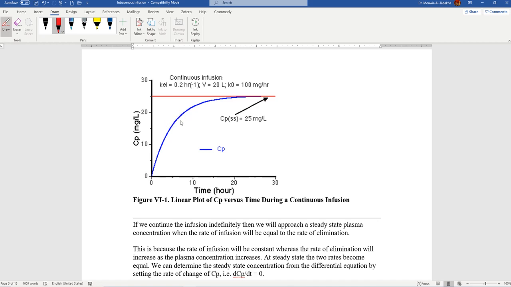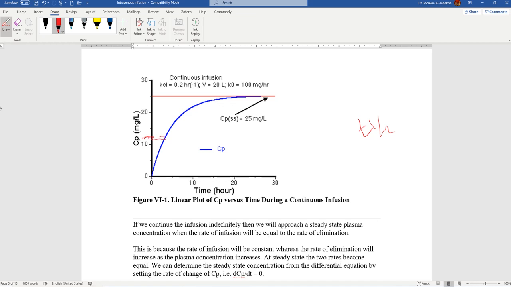In order for us to understand how fast it gets to the steady state, let's calculate what we call the accumulation T half. If the steady state here is 25, half of it is 12.5 here.